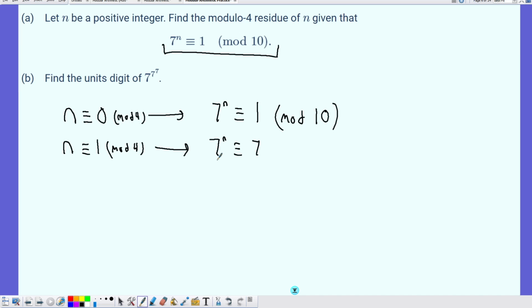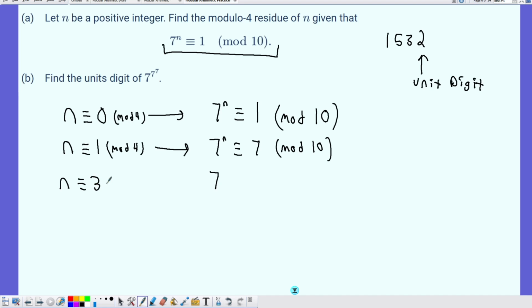Oh, by the way, unit digit means, like, 52 has a unit digit of 2. It's whatever's in the ones place, basically. So we want to find what's in the ones place of 7 to the 7 to the 7th power. So 7 to the first power would be 7 mod 10.